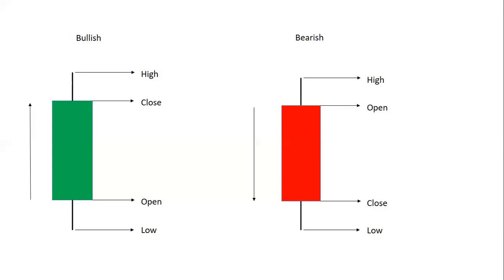Now, the first thing we need to know is that we will need a momentum candlestick to show us a clear direction, right? What do I mean by that? Let's check this out here. You already know the general directions of a bearish candlestick and a bullish candlestick.